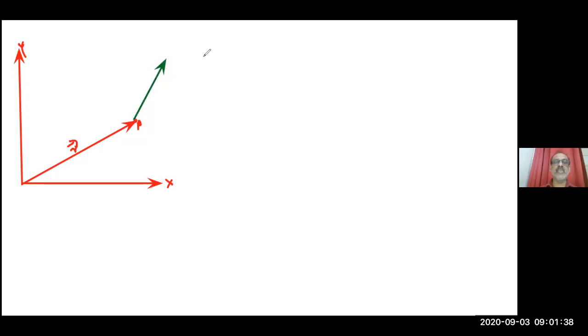This force can be resolved into two components, Fy and Fx, and this is F. Here the Fy component is more, so naturally this has a rotation to this side.